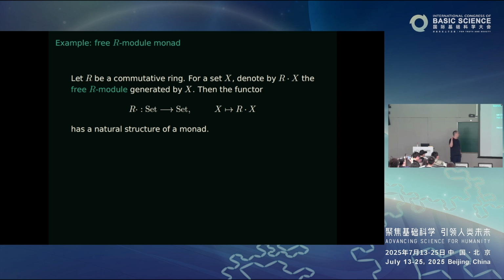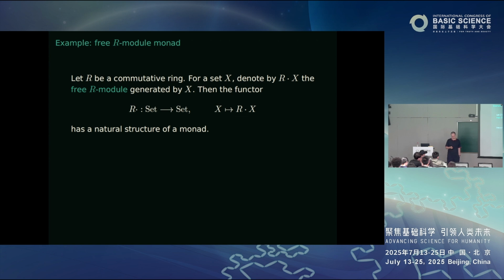For any ring R and any set X, we denote by R times X the free R-module generated by X. And this gives you a functor from the category of sets to itself, where we forget the structure of module here, sending X to the free module generated by X.